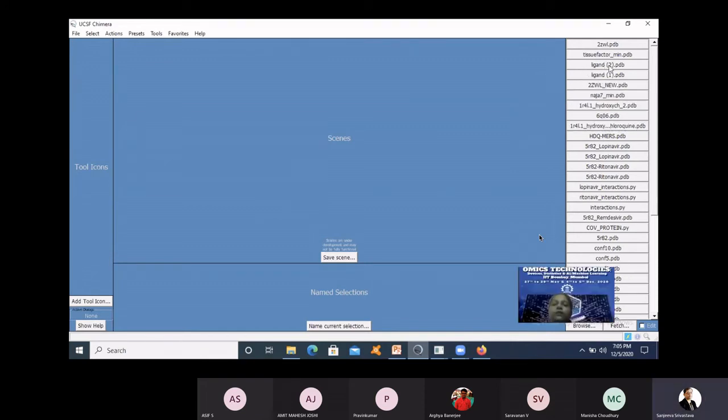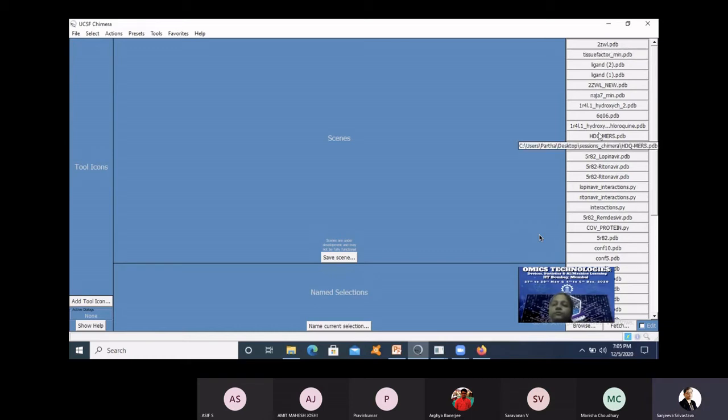In the Chimera workspace, whatever files you have been working on, for example the PDB files, can be uploaded, and it also gets saved. I recently worked on all these files and they got saved, so I do not have to take the pain of browsing for the files and bringing them here. I can just select from here.